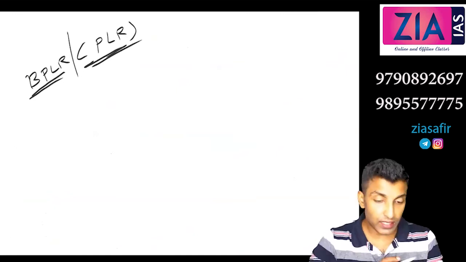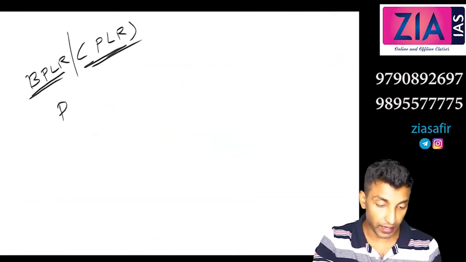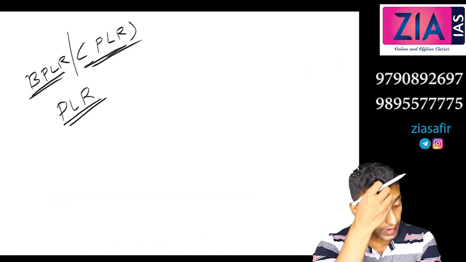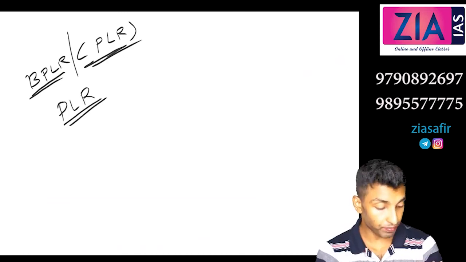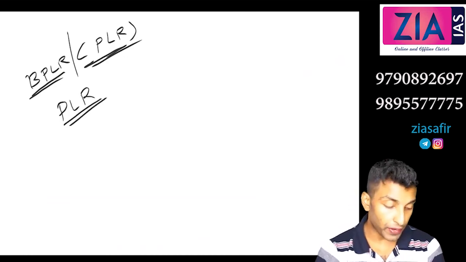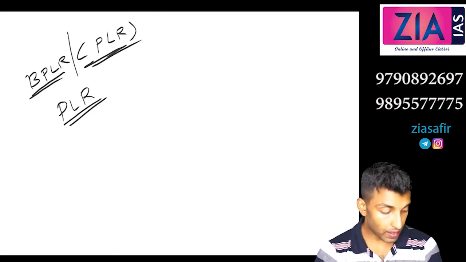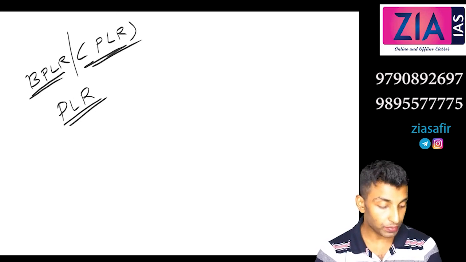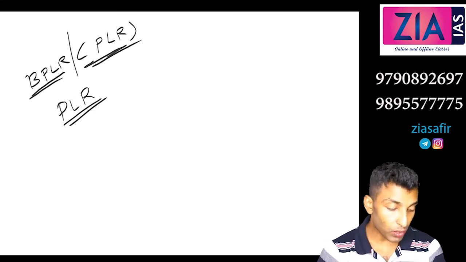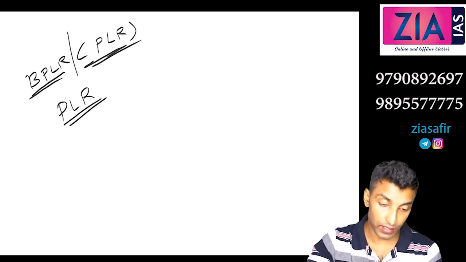Okay, so you just write what is PLR, prime lending rate. You just write one line over there. It is the rate of interest at which a bank lends to its most credit-worthy borrowers.